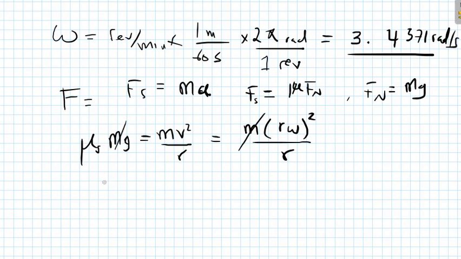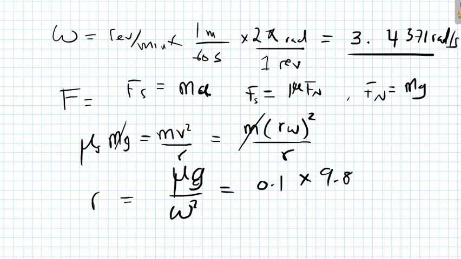So the m and the m will cancel, and if we make r the subject of the formula, we remain with r being equal to mu g over omega squared, which, when we replace, mu is 0.1 multiplied by g, which is 9.8, divided by 3.4371 radians per second squared.